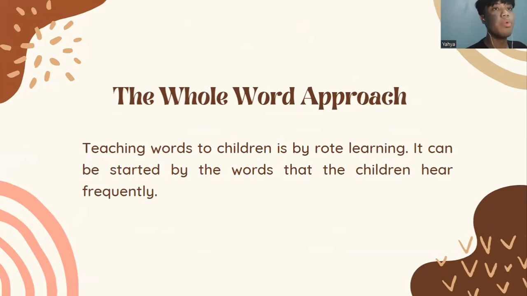The whole word approach is teaching words to children by rote learning. It can be started with the words that the children hear frequently. It is ironic when people recognize that alphabetic systems are the easiest way to learn and transcribe any human language, because in Chinese, a single character corresponds to a whole word or word root, which is too hard for the beginner to understand.